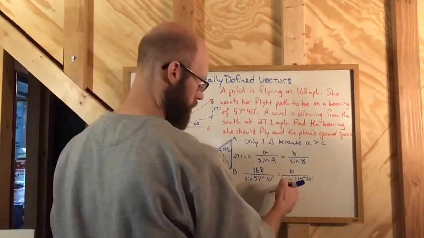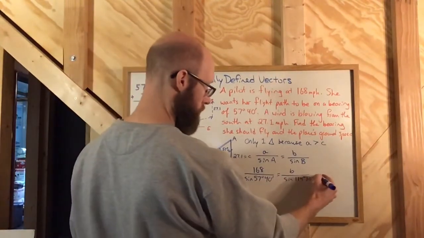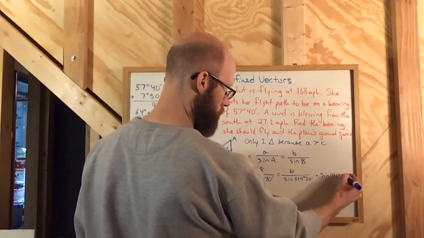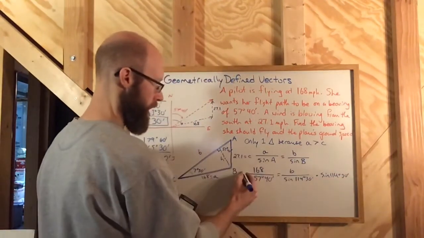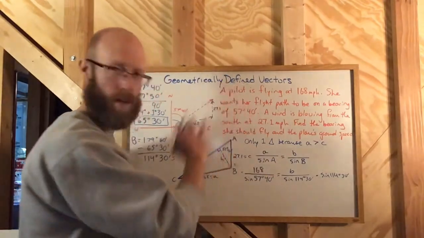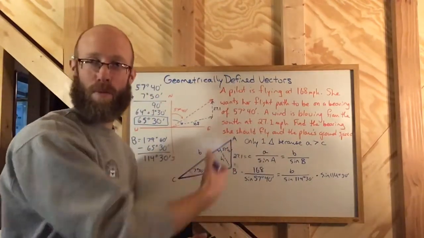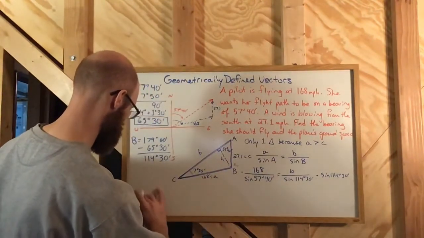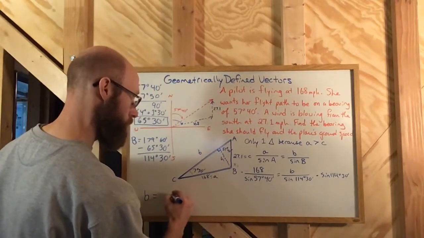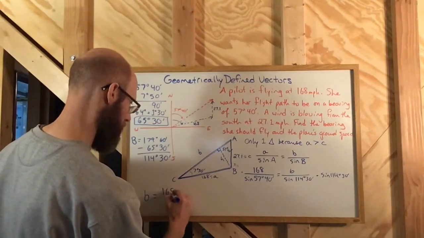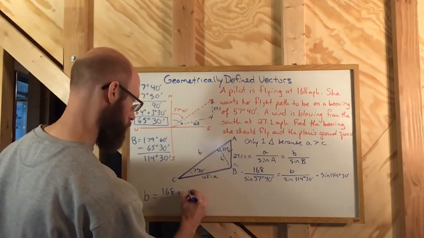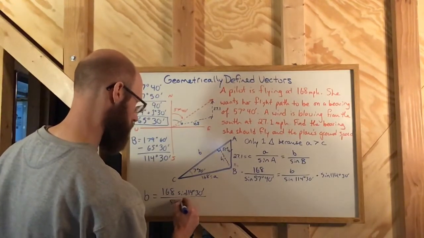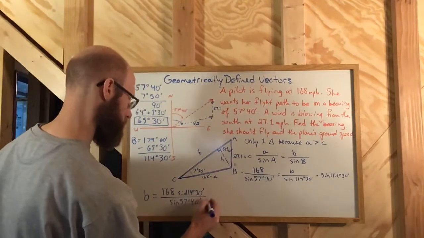Okay, so now if I just multiply by the sine of 114 degrees 30 minutes on both sides, I'm not going to write it all in, but you know what I'm doing. I'm multiplying both sides by that sine, so that little b is equal to 168 times the sine of 114 degrees 30 minutes all over the sine of 57 degrees 40 minutes.